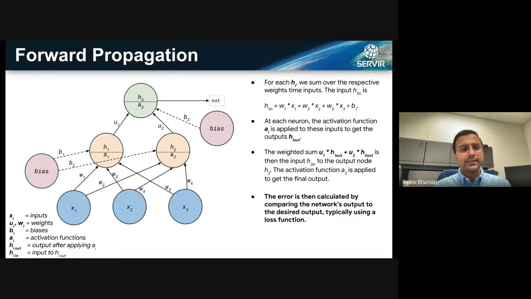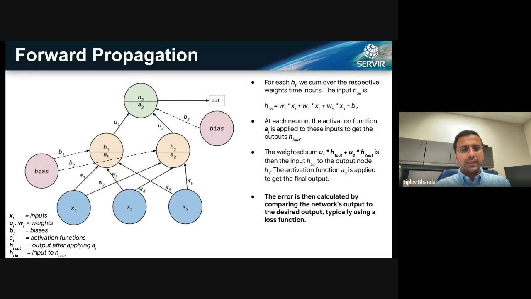If you're looking at a simple linear regression, you have y equals mx plus c, where m is your slope and c is some form of a bias or an intercept. You can think of the bias in a similar way. So there's a bias that's added to those weighted inputs. So the input to this particular neuron, we have it.